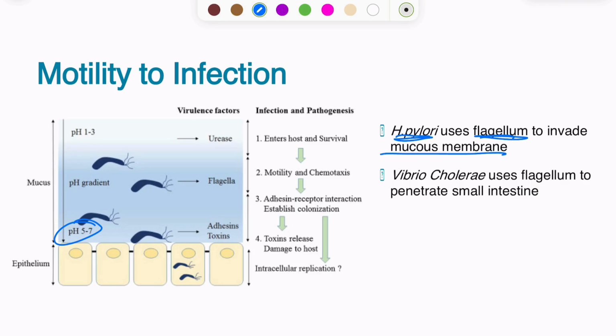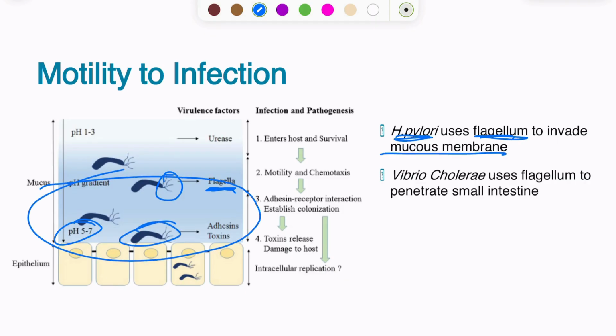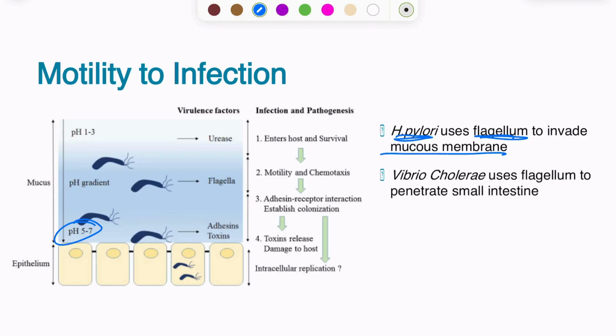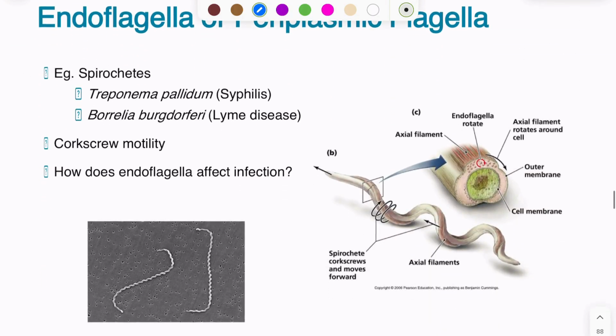But without the flagella, it wouldn't be able to swim fast enough, and it would be burned up by the acid. So a lot of bacteria get past your stomach acid by literally swimming through it fast enough that the acid doesn't destroy the cell. And then it ends up in your mucus right here, and it's kind of more safe now from all of the acid in your stomach.